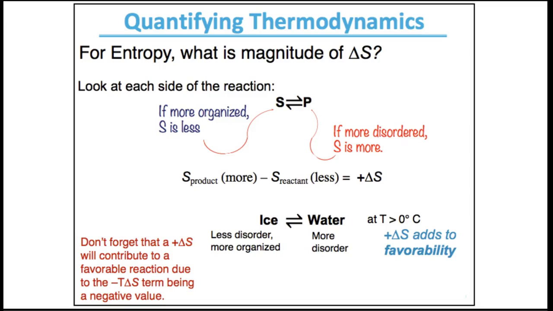So therefore, there is a positive entropy in this case from ice going into water, and this is a favorable type of condition because remember, the second law of thermodynamics is that the universe tends toward more disorder, and water creates that more disorder.